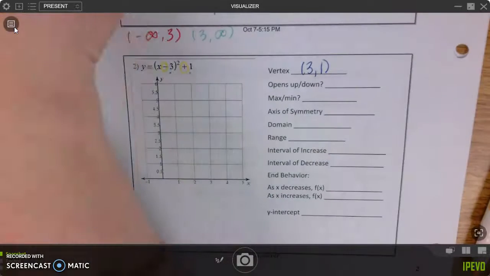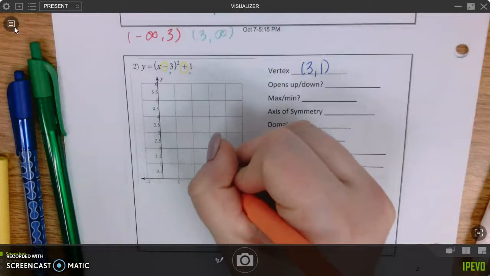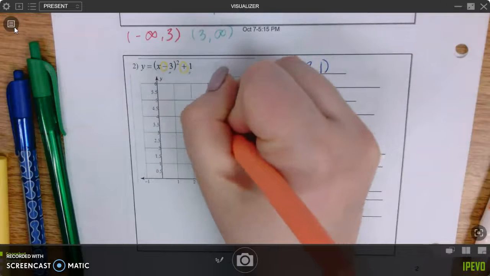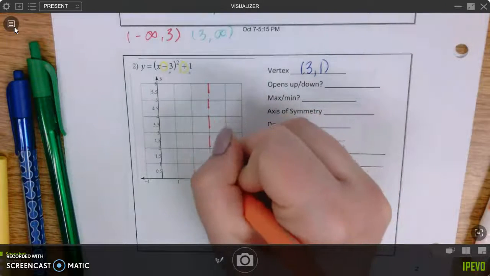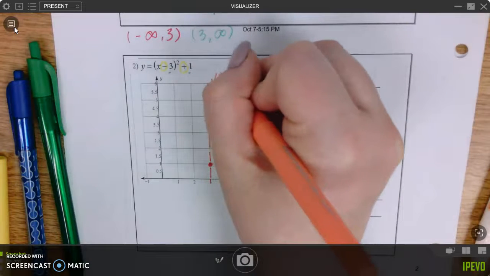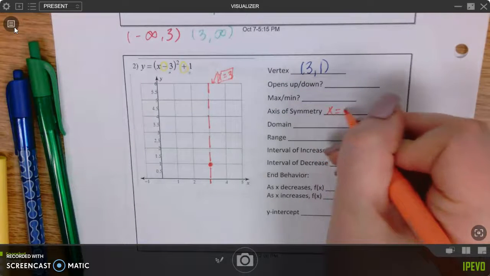So we have peach color, 3, 1. And that means your axis of symmetry is here at 3. This is x equals 3. Right?